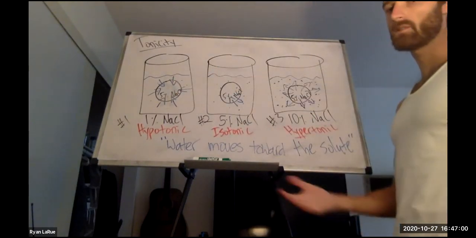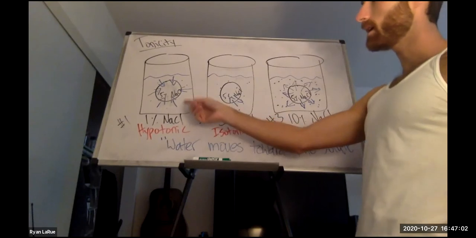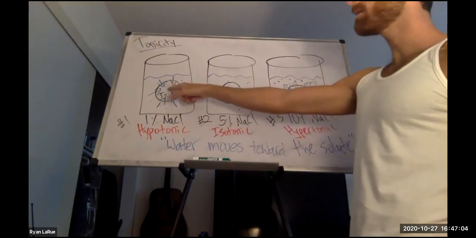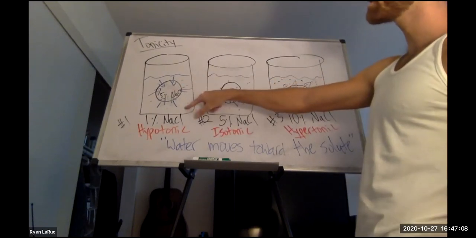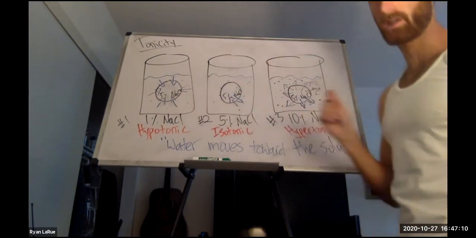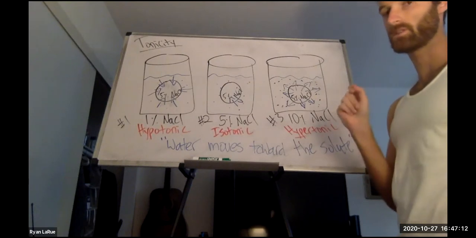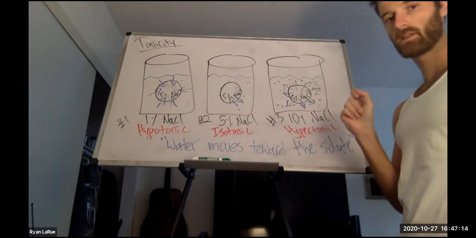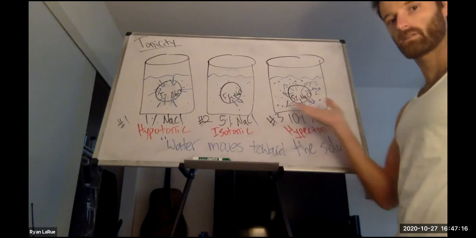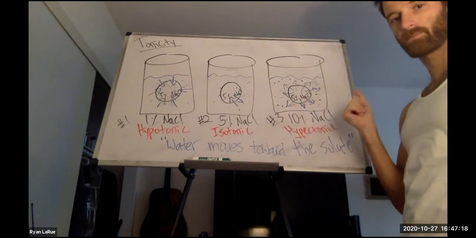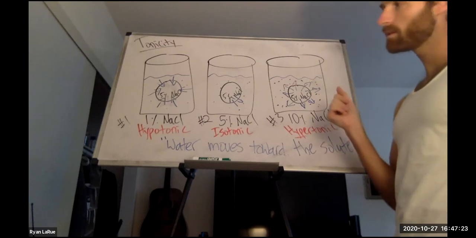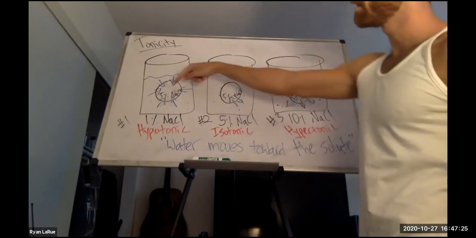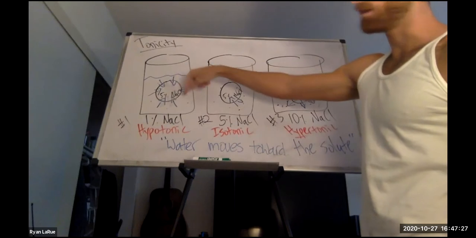So if I were to ask you in beaker 1, is the solution inside the cell hypertonic to the solution outside, isotonic, or hypotonic to the solution outside the cell? So far, we've only been talking about the solution outside the cell. But what is the tonicity of inside the cell to outside?